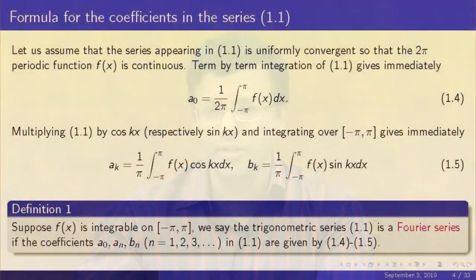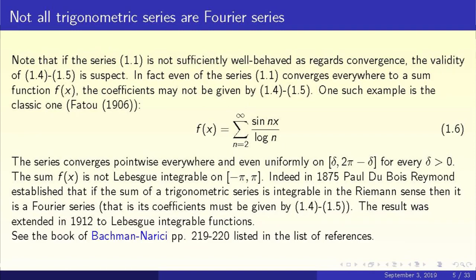So let us now assume that the function is integrable, and let's make definition 1. Suppose f(x) is integrable on [-π, π]. We say that the trigonometric series 1.1 is a Fourier series if the coefficients a0, a_n and b_n are given by 1.4, 1.5. So now we have the definition of a Fourier series. The important comment that I would like to make is that not all trigonometric series are Fourier series.